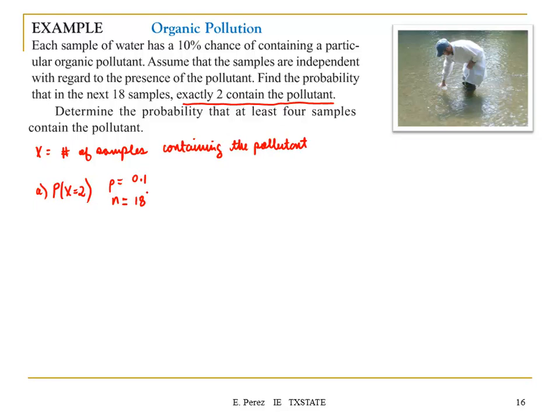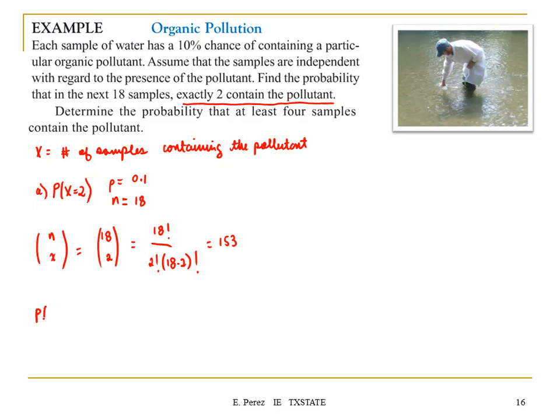So first thing we need to do is to find the expression in X. We know N equals 18 and X equals 2. If you solve this, this is 18 factorial divided by 2 factorial times 18 minus 2 factorial, and this is 153.